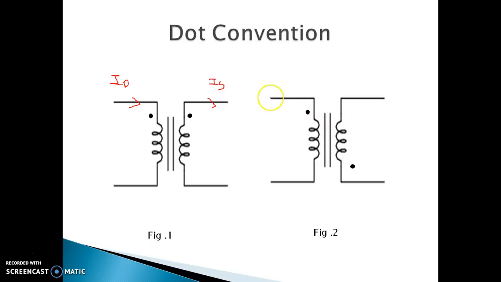In the same way, in the second diagram, the primary current enters into the dotted end and the secondary current will flow out of the dotted end of the secondary winding. In both diagrams, the current relationship is shown. In the first diagram, both the currents IP and IS are in phase with each other, whereas in the second diagram, current IP and current IS are out of phase with each other.